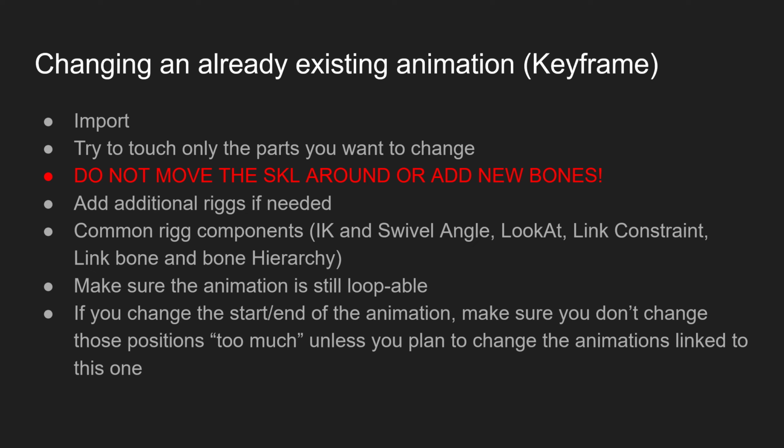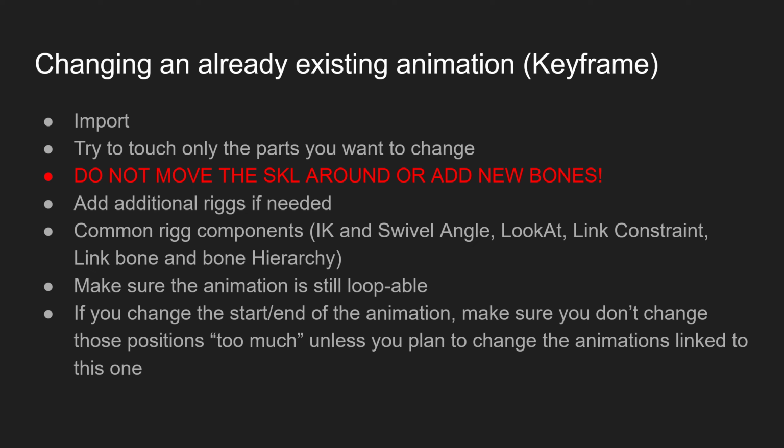So let's say if you want to change the attack animation, try to change only the parts that you're interested in. For example, if you want to strike with two hands instead of one, just put the other hand on the weapon and don't change anything else. Okay.